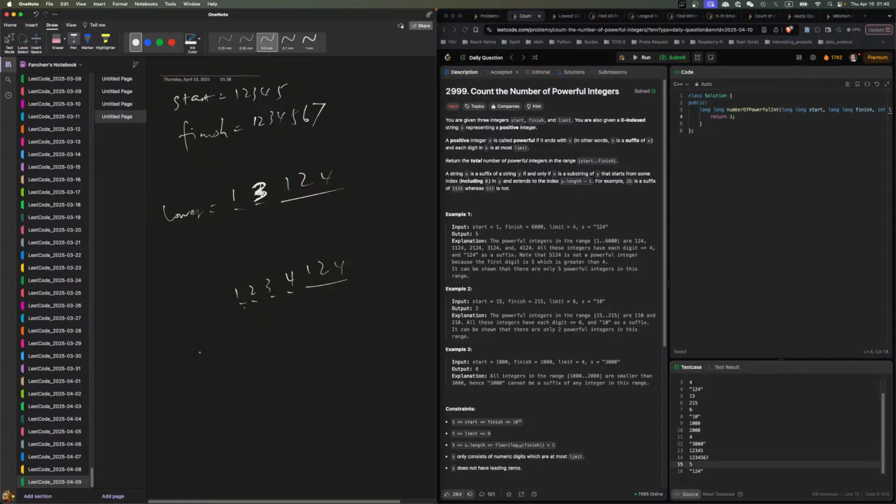So now basically the question is, from 13 to 1, 2, 3, 4, how many do we have, right? How many do we have with the limit? Limit is 5.